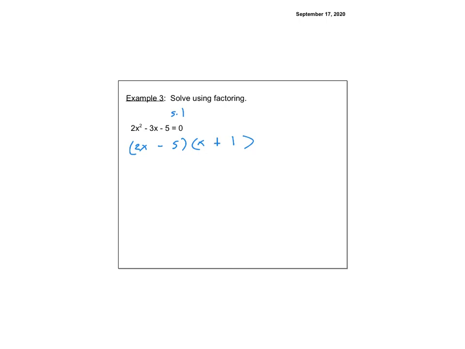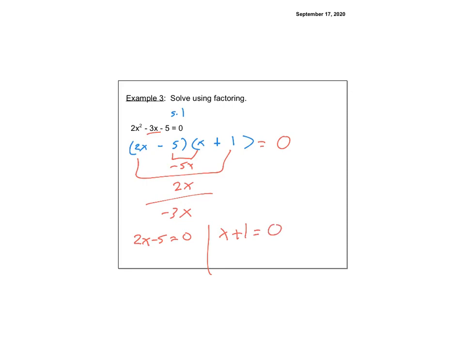I'm going to check my inners and outers here. This is a negative 5x. This is a 2x. And that adds to give me a negative 3x, which is my middle term. So then that's equal to 0. So now I can take 2x minus 5, set it equals 0 and solve, and x plus 1, set it equals 0 and solve.